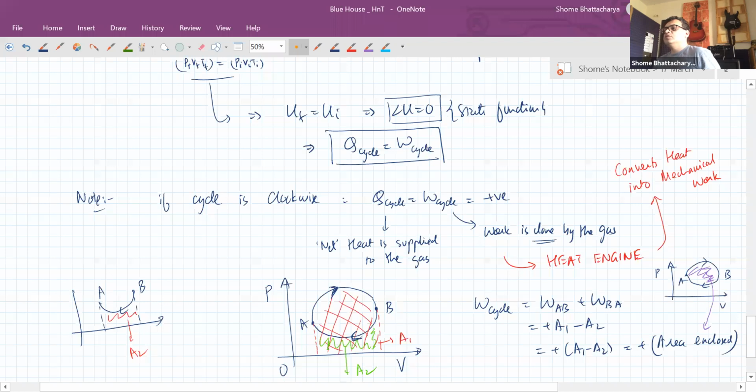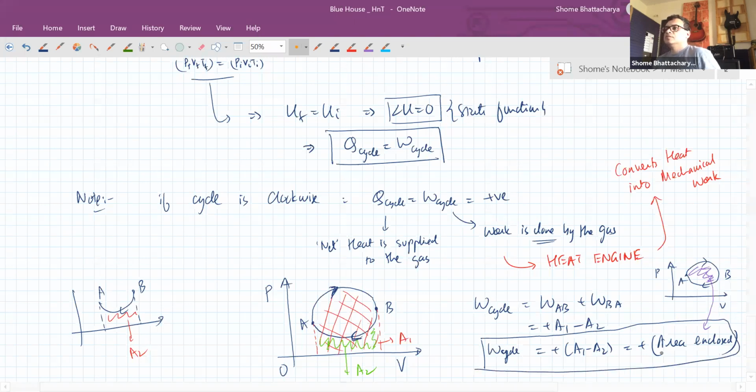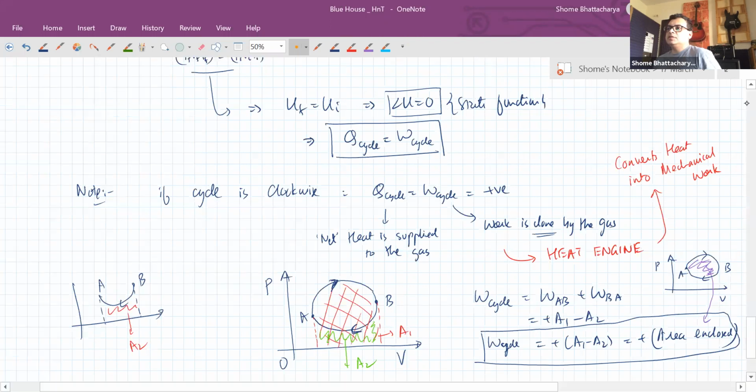Okay, so that's why W cycle is positive. That's the logic why in a cycle that looks clockwise on the PV graph, the work done is positive of the area of the cycle. Yeah, I'll explain again. Just make a note up to this point. I'll explain this thing again.